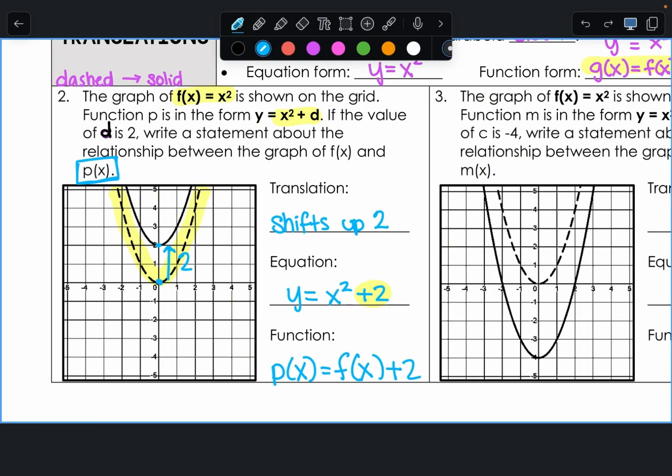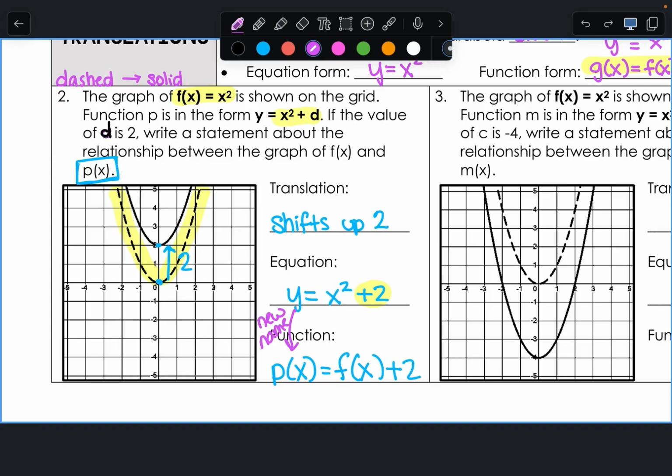Your y, you change to the new name. The x squared, that's right here. X squared is replaced with f of x. You see that right there? Okay. And then everything else stays the same.